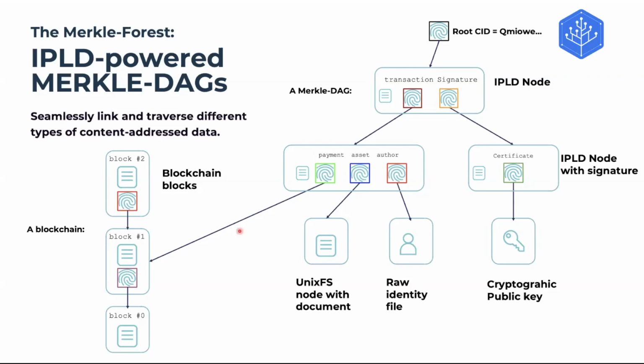Right. So this tree is getting created, if you think of this in a simplistic way, every time you have a file, before you add it to the IPFS network, you have to chunk it. And by chunking it, every chunk gets its own CID.